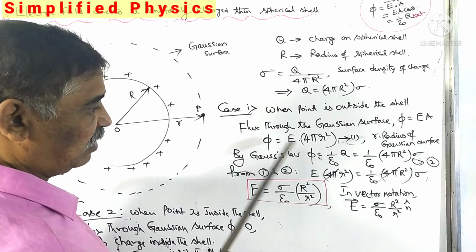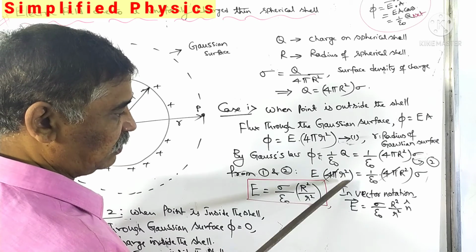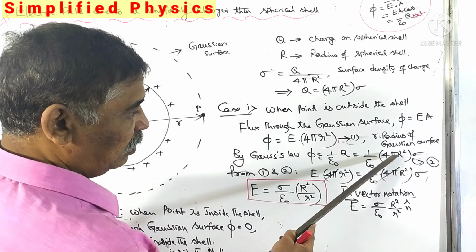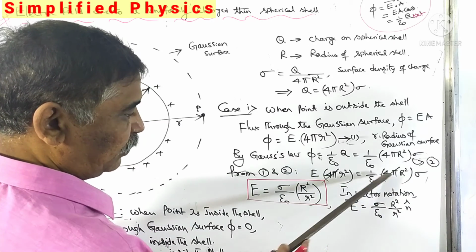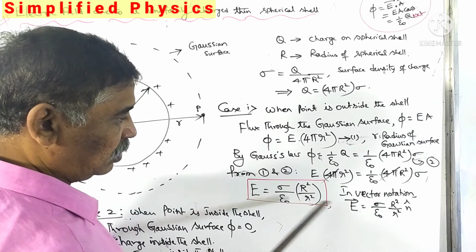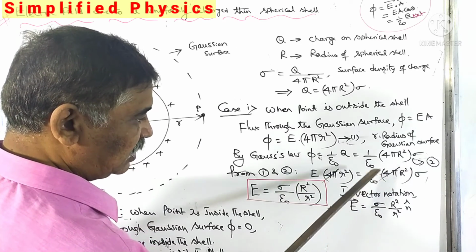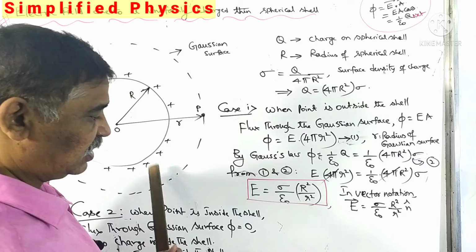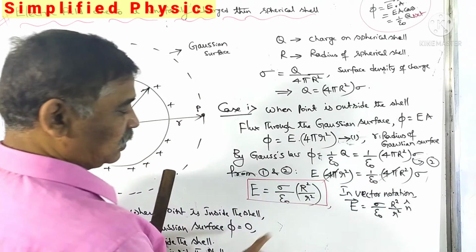Since the left hand sides are equal, equate the right hand sides. E into 4 pi small r square is equal to 1 by epsilon naught times 4 pi capital R square sigma. 4 pi cancels. E is equal to sigma by epsilon naught times capital R square by small r square.